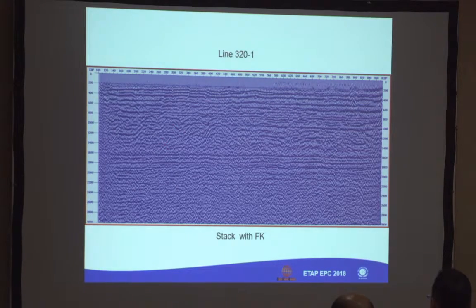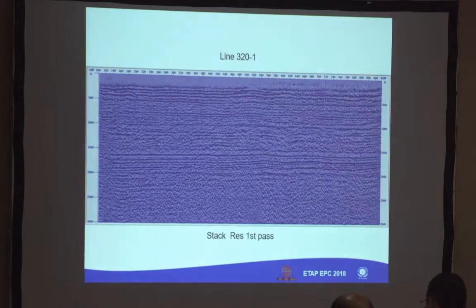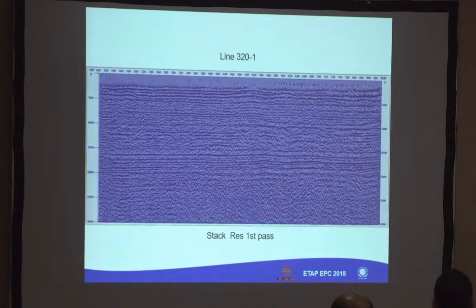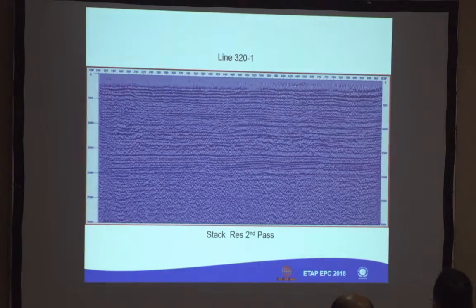But after static application and the first pass, you can see here how the data is much better. The second pass, look at here, this Bowman, and here as well. So velocity statics can contribute to improve the quality.